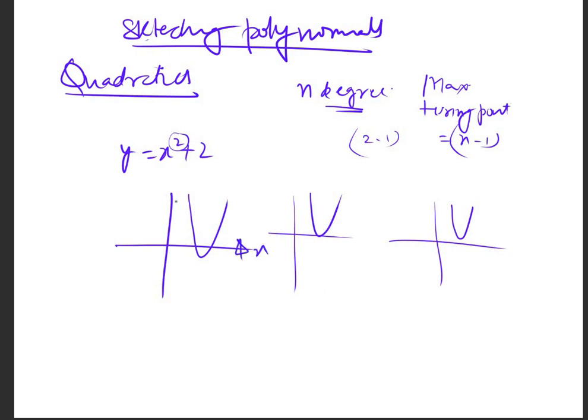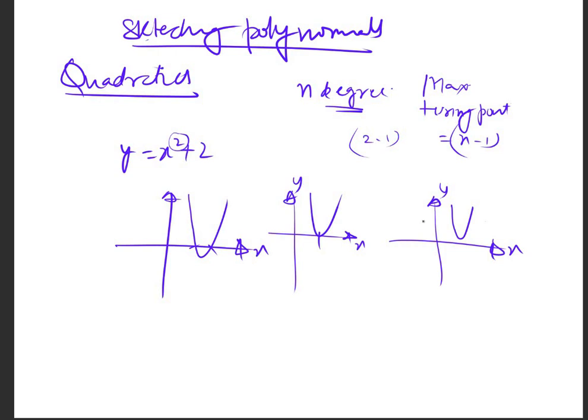This is the x-axis and this is y. This quadratic, which is the extreme left, has two x-intercepts. This quadratic has just got one x-intercept, and this quadratic has got no x-intercepts, right?